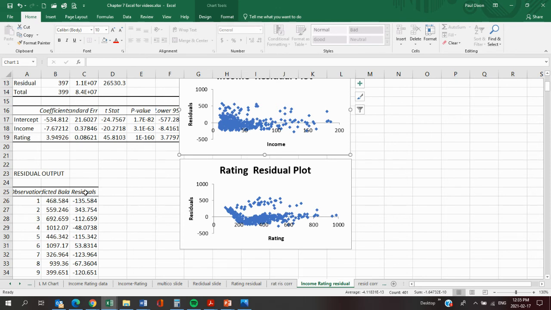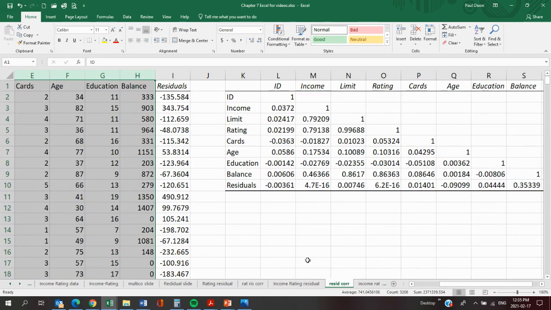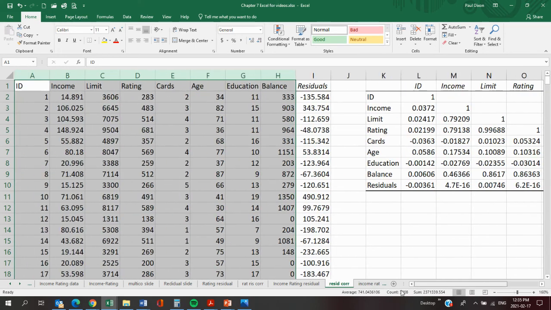So what I could do is go and grab these residuals, select them all, and copy them over into a new table with the other variables. So I've done that already. I copied all the residuals here, and I copied all the other variables over, and then I did my correlation once again. And so this is what we get.